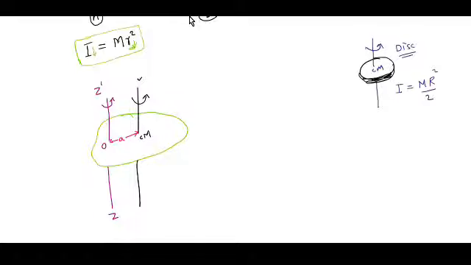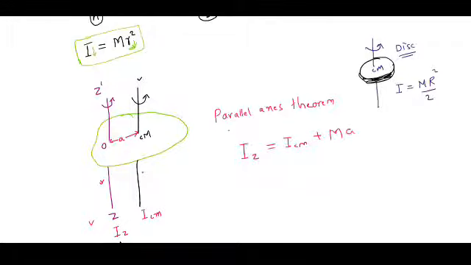Then the moment of inertia about this z axis can be denoted by Iz, and the moment of inertia about the center of mass axis, that is nothing but the natural axis I explained in the last class, is Icm. Then the parallel axis theorem says that the moment of inertia about the z dash axis, that is Iz, is equal to I center of mass plus mass into the distance between the two axes square, a square, where m is the total mass of this body.